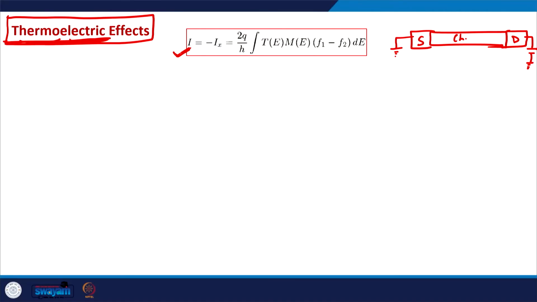So this is a pretty general expression for the current, and what it means is, if we look at it closely, the current depends on the difference of the Fermi levels on the two sides of the conductor. If there is a difference in Fermi levels, whatever be the cause, there would be a current in the conductor.